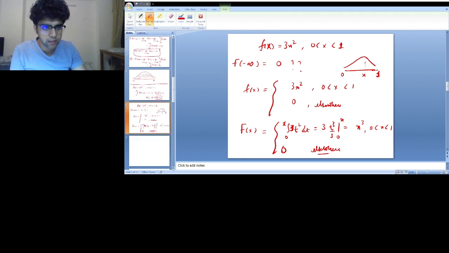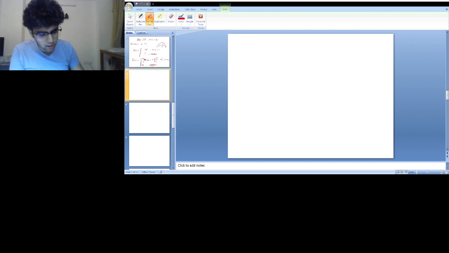So let me just write my CDF again. We found that my CDF is equal to x cube when my x lies between 0 and 1.